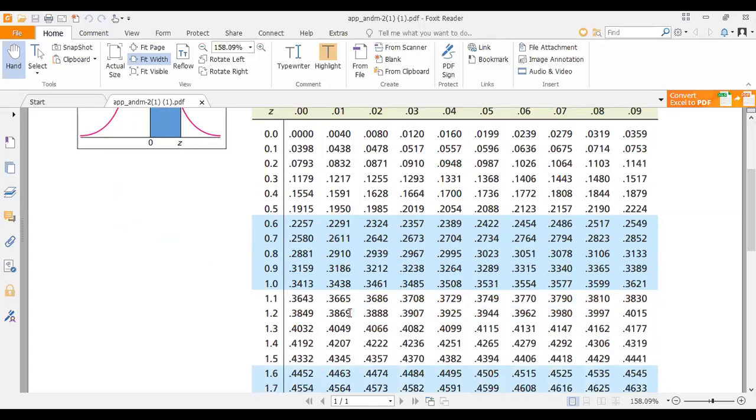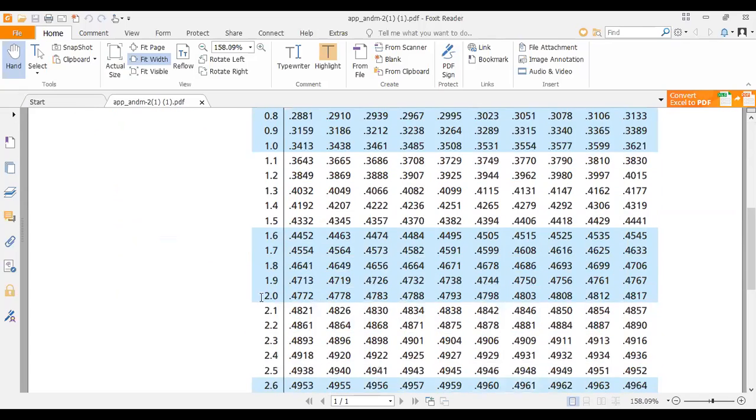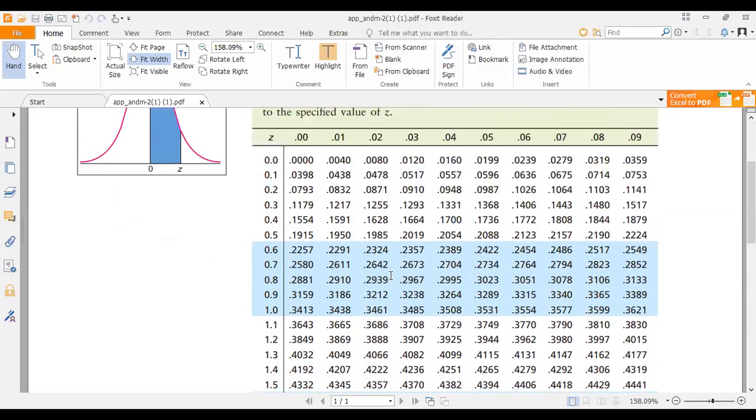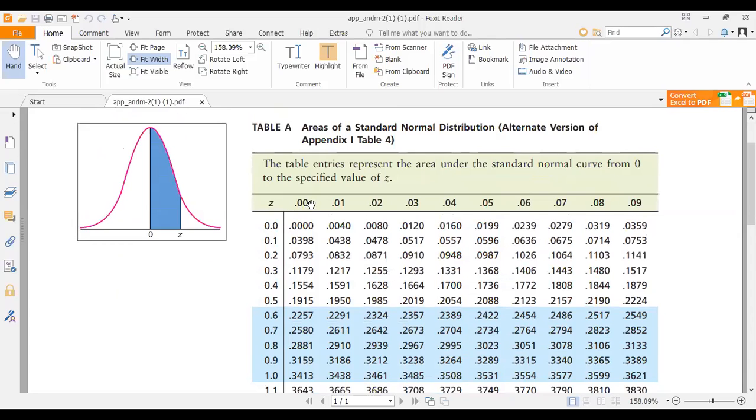Let's note that we read the first decimal place vertically, then the second decimal place horizontally. So the first decimal place will be 2.0 here, then the second decimal place will be 0.00 here.